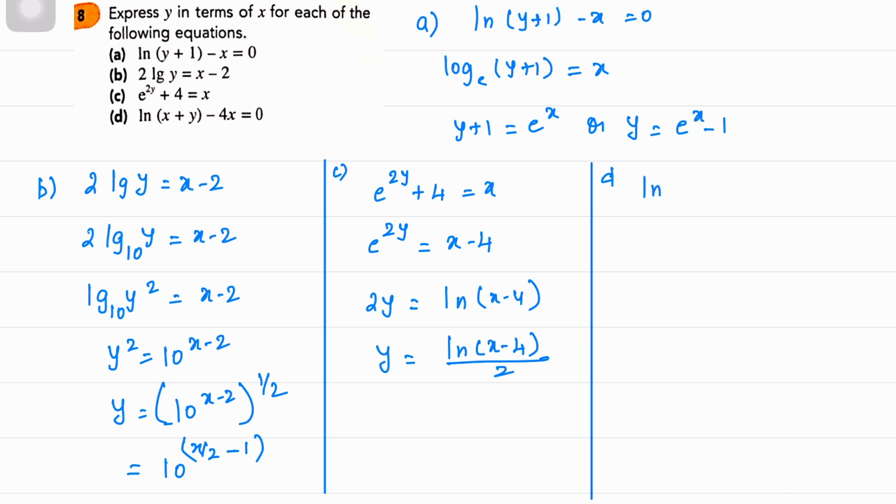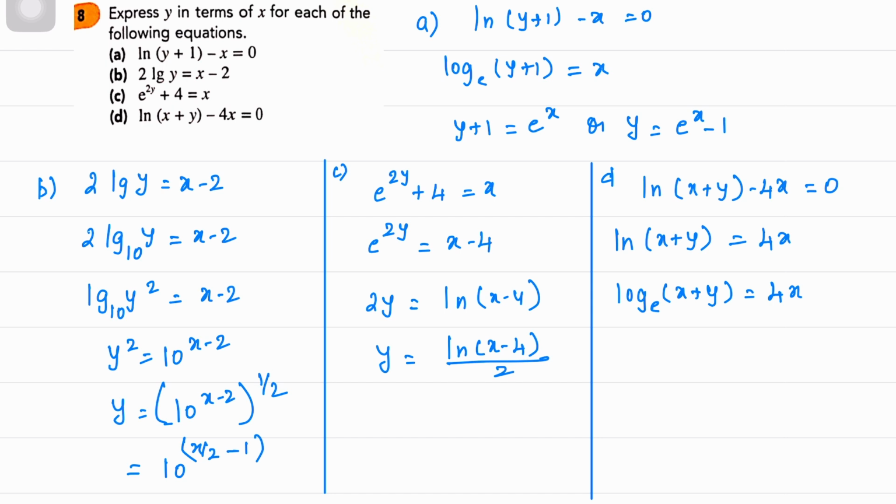Natural log of x plus y minus 4x equals 0. So natural log of x plus y equals 4x by taking this negative 4x to the other side, and we can rewrite this as log base e of x plus y equals 4x.